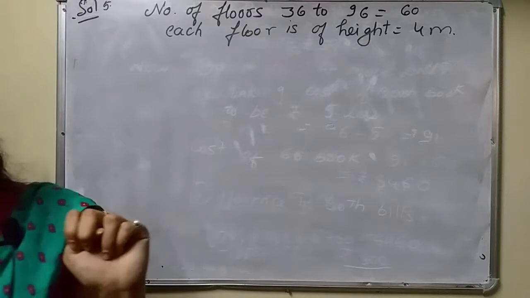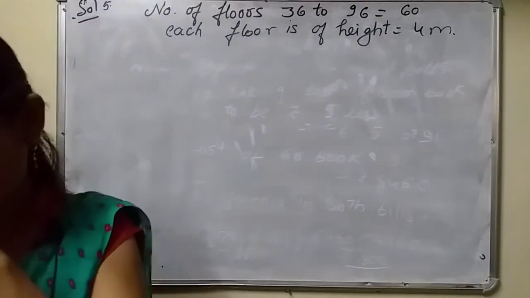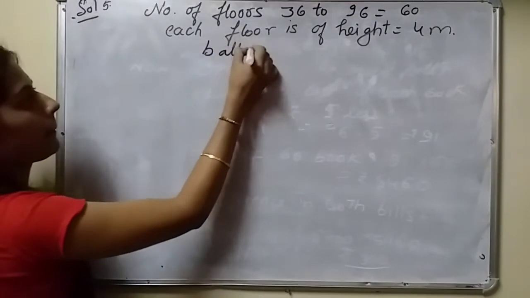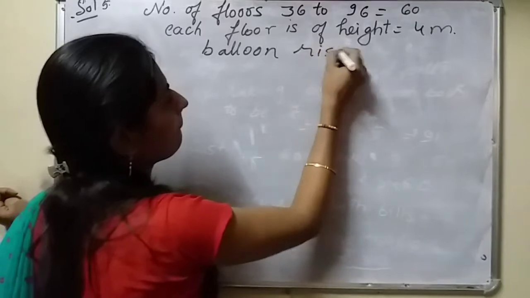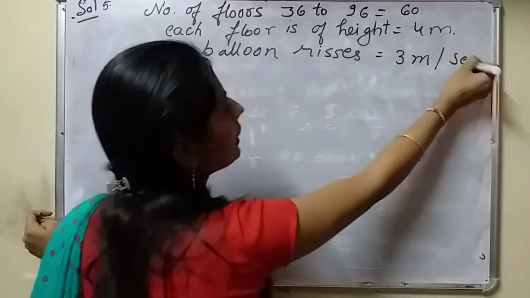Okay. Now see, the balloon rises 3 meters in every second, means the balloon rises at 3 meters per second.